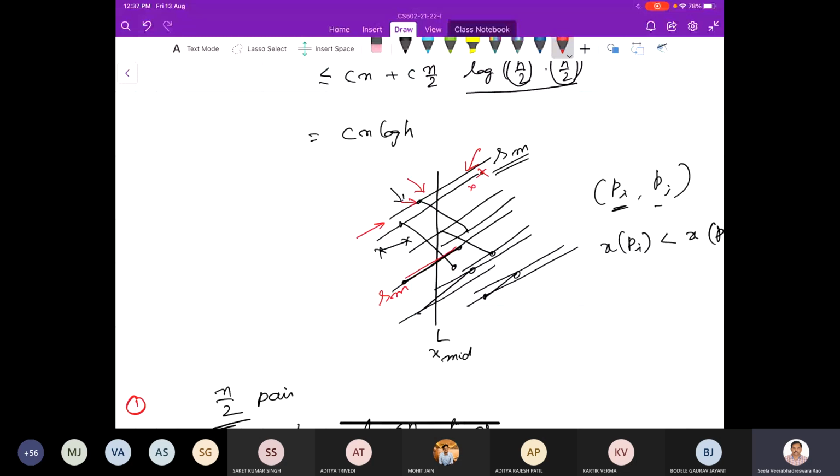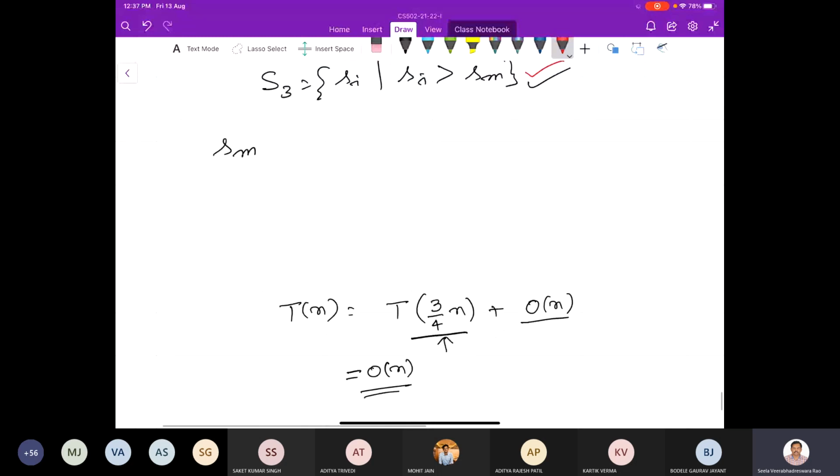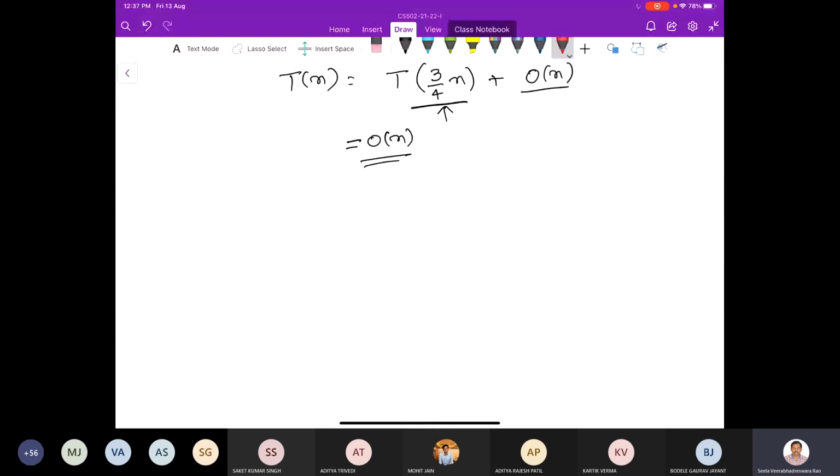So take the case scenario. This supporting line, which is parallel to this median slope, can have any number of points on it. If it contains some points from the left side and some from the right side, then this is our upper bridge, upper tangent, which is defined by these two points.